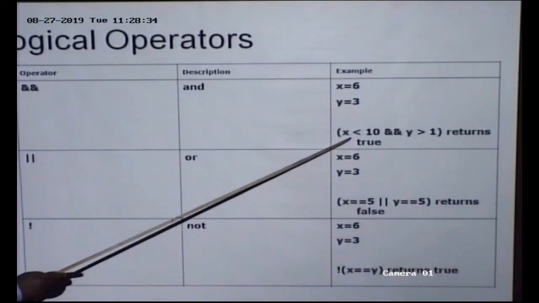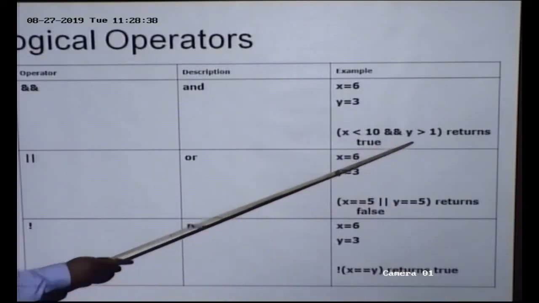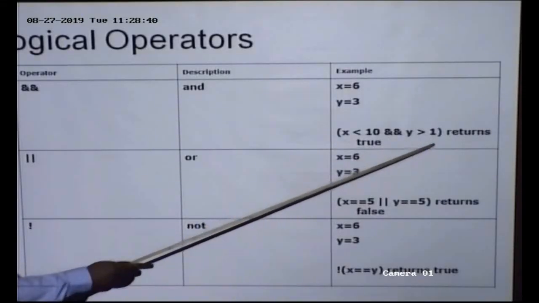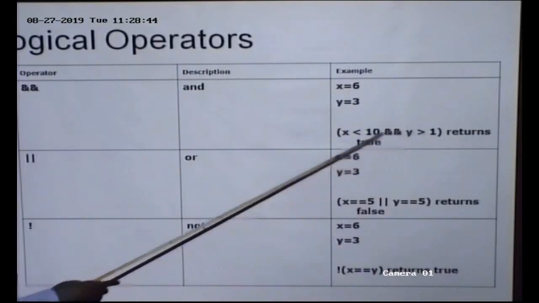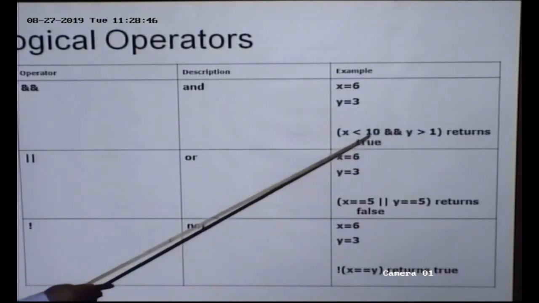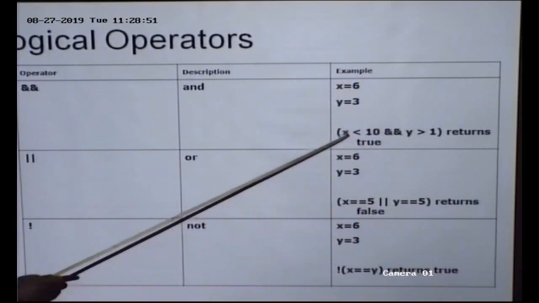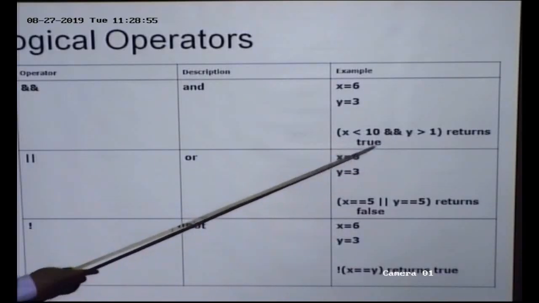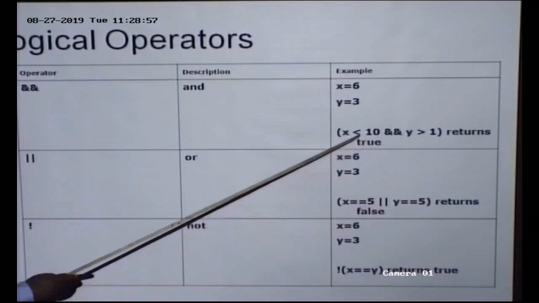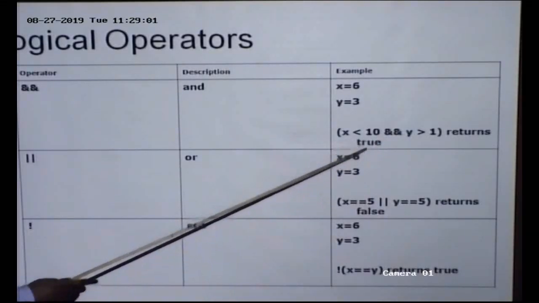The condition 6 is less than 10 is true, and y is greater than 1, that is 3 is greater than 1, so the condition is true. In logical AND, the truth table says if both left and right properties are true, then it will return true. So here both results are true, that's why it returns true.